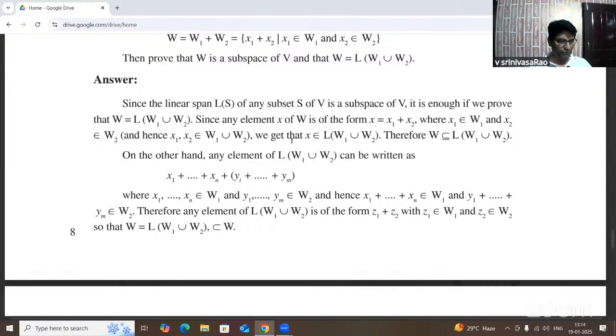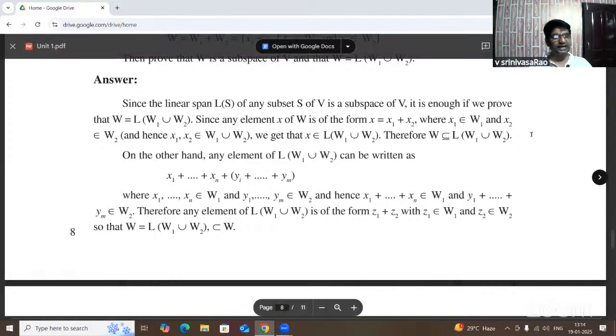That's why the linear combination of the Xi elements is in W1 and of the Yi elements is in W2. So finally, the linear span of the union is of the form Z1 plus Z2, because X1 plus Y1, X2 plus Y2, and so on. So X1 plus Y1 means Z1, X2 plus Y2 means Z2. The X elements are denoted by Z1 and the Y elements by Z2, where Z1 is in W1 and Z2 is in W2.